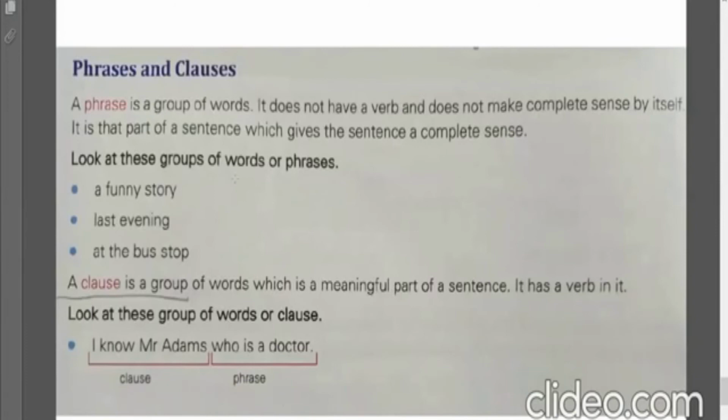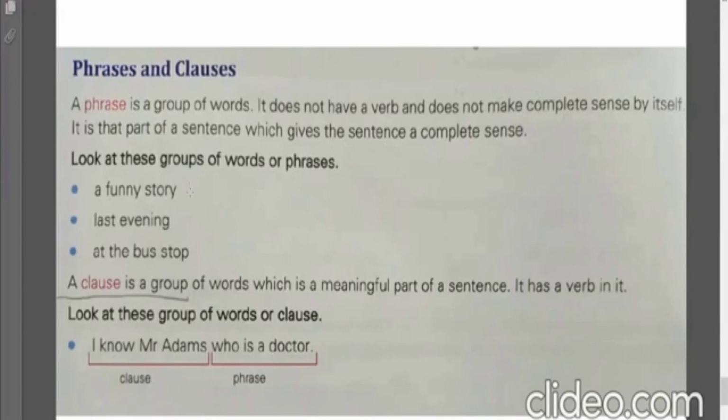Let's hear a few examples. A funny story. Last evening at the bus stop. Now these words are giving you incomplete sense. Unless we make a sentence or change them into a sentence, it will not give a proper meaning.